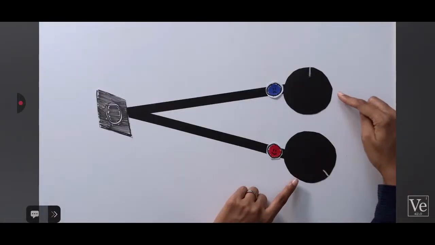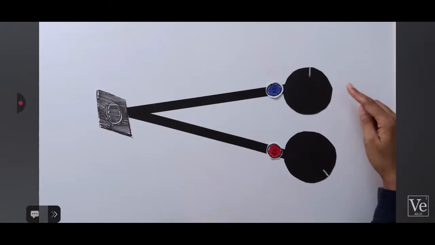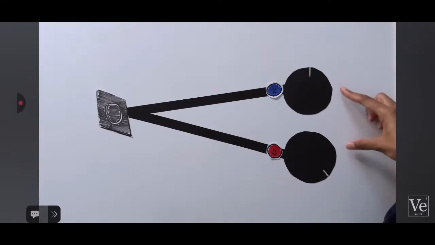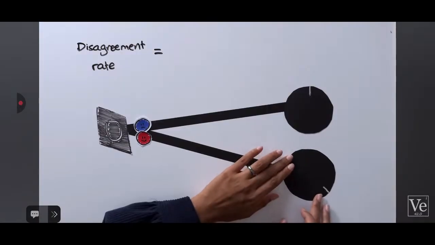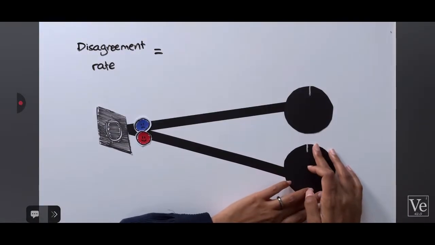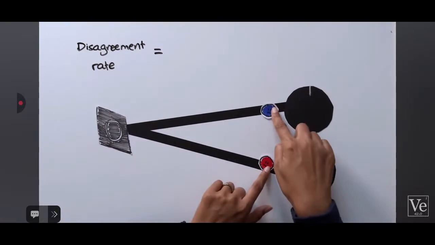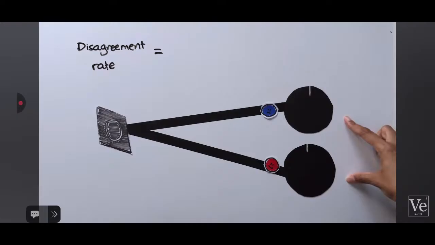Remember, the two different outcomes for Bell's theorem depend on how often two different measurement axes are going to have results that disagree with each other. Here's how we measure that disagreement rate. First, we're going to start with both of the measurements being in the same direction. And now we expect that these two are always going to disagree with each other because they have opposite spins.